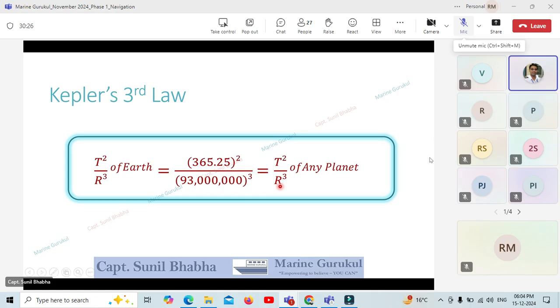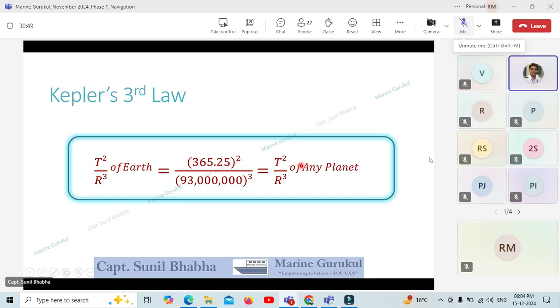This, being constant for each and every planet, should be equal to T squared by R cubed of any of the planets of the solar system. If you look carefully now in this relationship, T squared by R cubed of Earth is known to us.